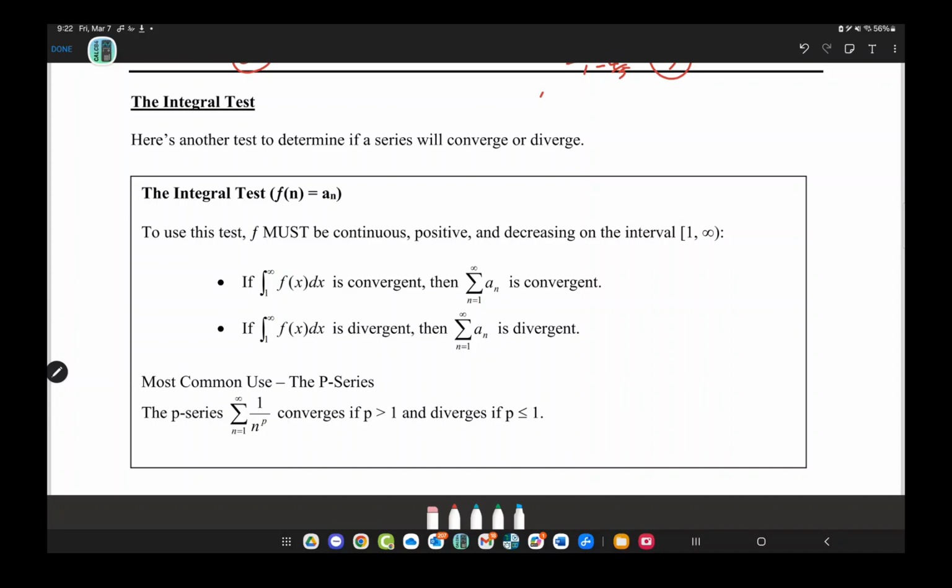The most common use is the p-series. There's another way we can test the p-series. Instead of just saying what it is, we can actually test it. The p-series, the sum from n equals 1 to infinity of 1 over n to the p power, converges if p is greater than 1, and diverges if p is less than or equal to 1, as we just saw.